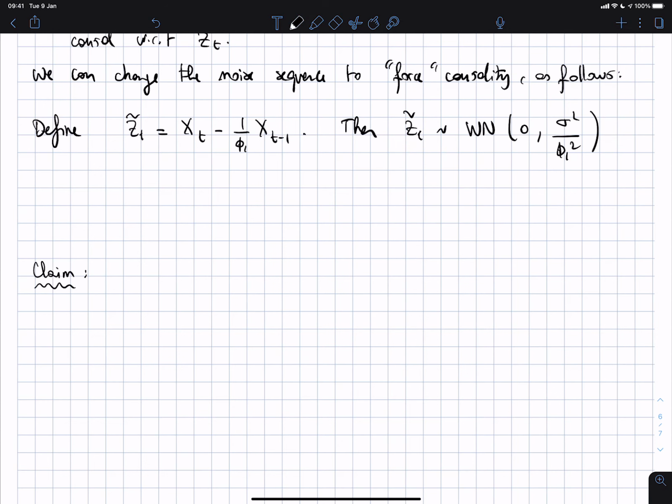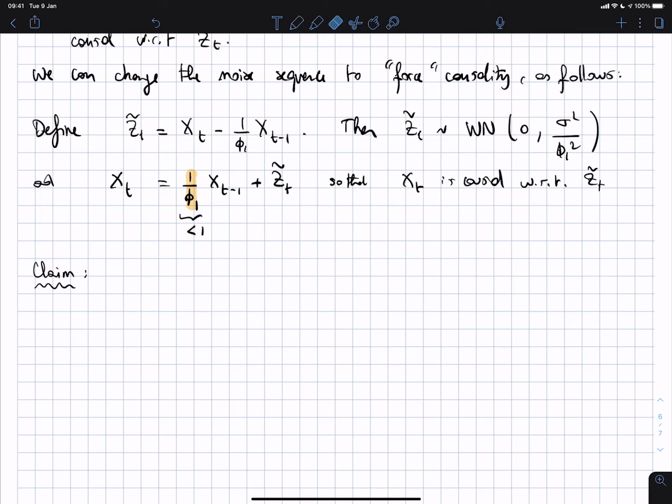And well, Xt is 1 over phi 1 times Xt minus 1 plus Zt tilde, so that Xt will be causal with respect to Zt tilde, simply because now we are in a situation which we have already seen, in which the coefficient is now less than 1.